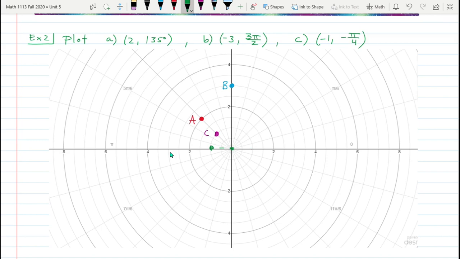So this way would have been positive. This way right here is negative, right? Because it's clockwise. And a quarter of a rotation, it's right here where the purple dot is. So that's how we would plot the different points. Hopefully that makes sense.